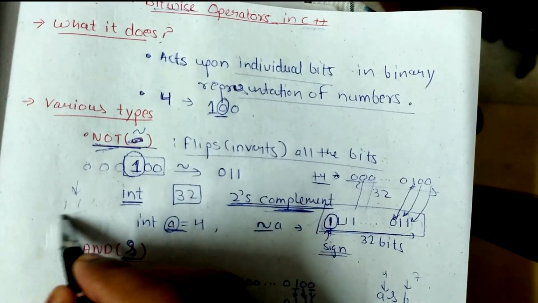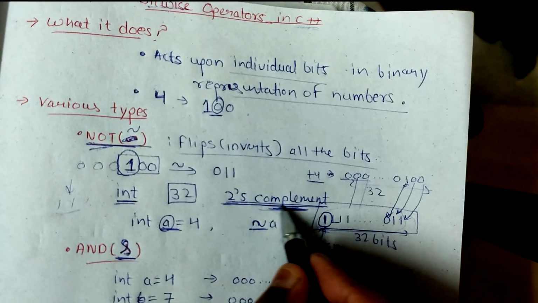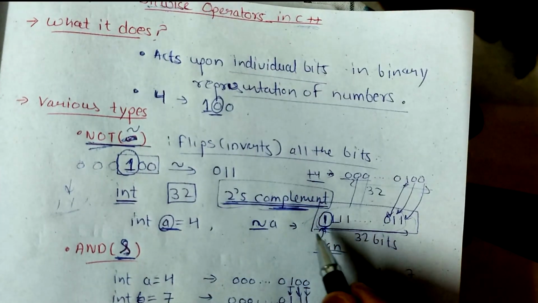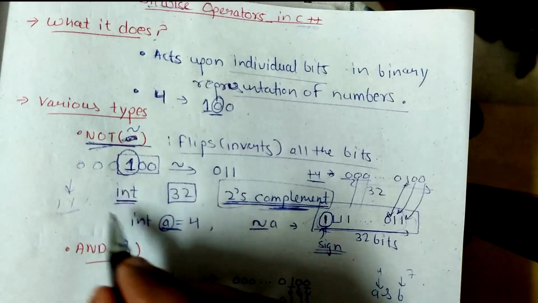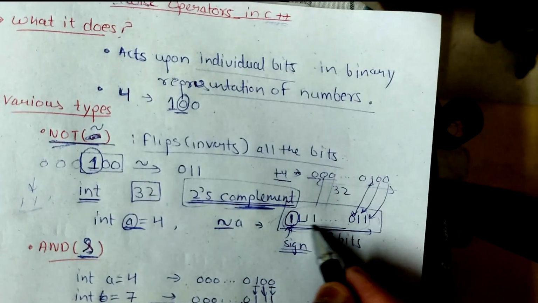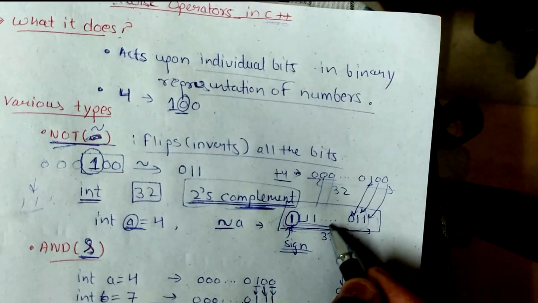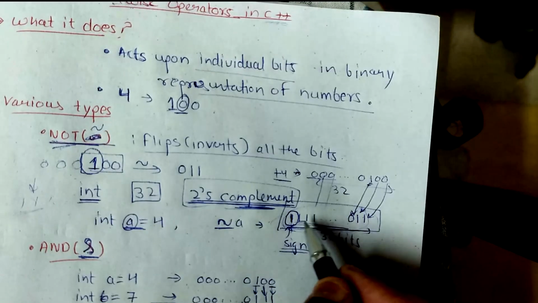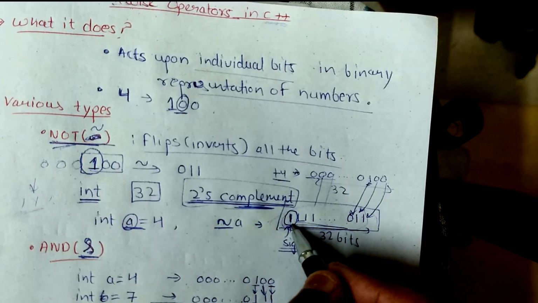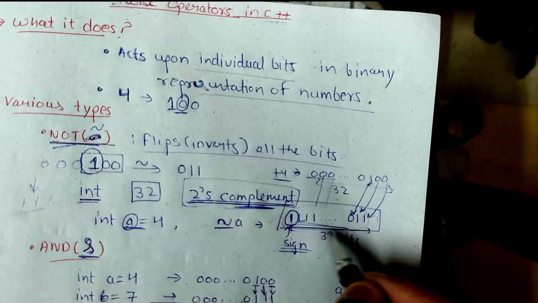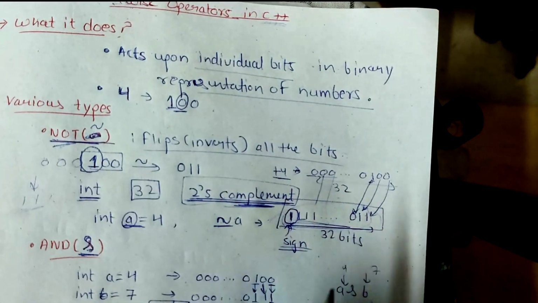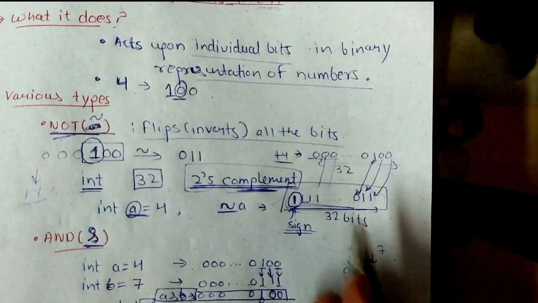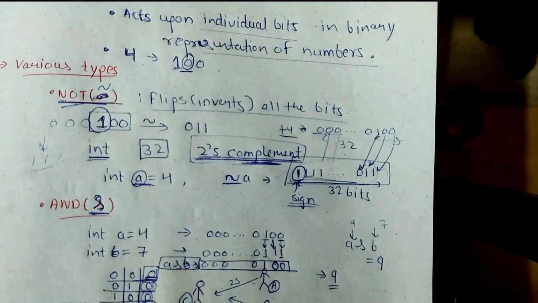So that would change lots of things. So you must learn about 2's complement, and you would get some number like this. And then you need to convert it back into decimal by considering it as a 2's complement representation of that decimal. Okay, that's a topic for some other time.